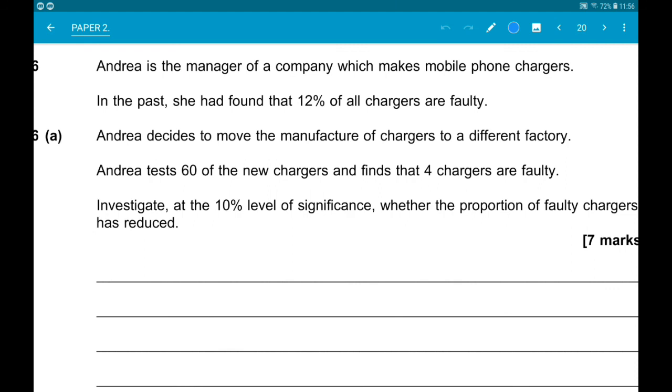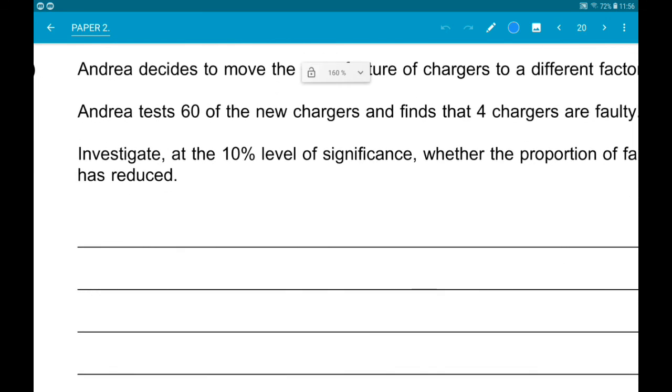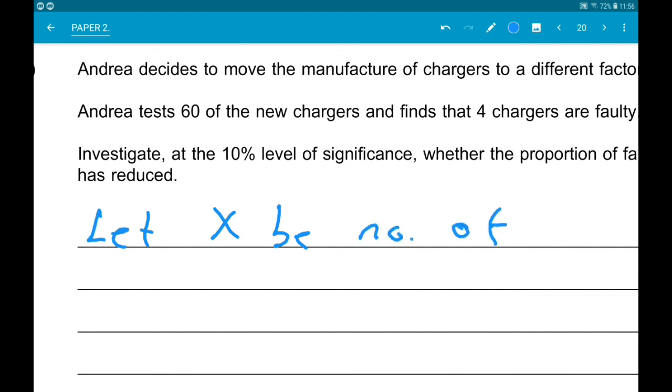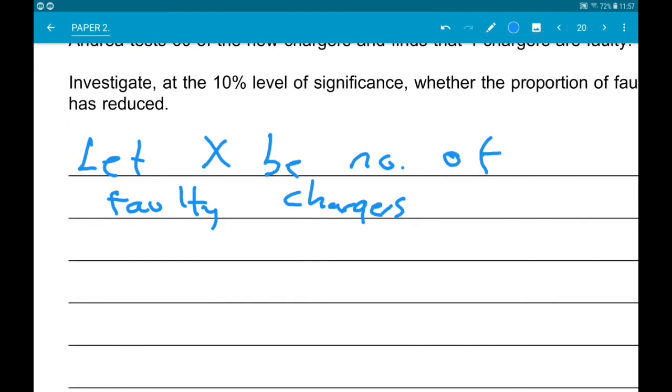Okay, first thing to do, define a variable. So, let X be the number of faulty chargers. Okay, next we need the hypotheses. So, H0, the null hypothesis.